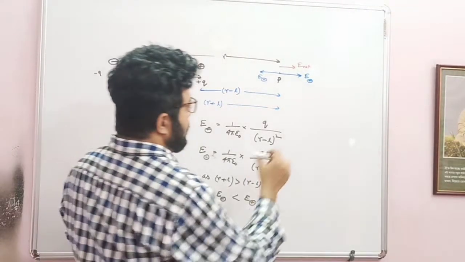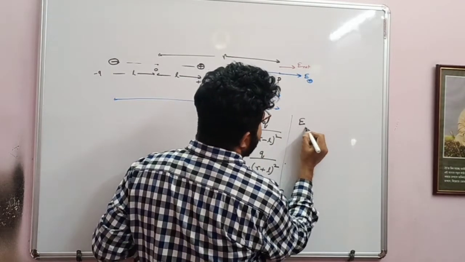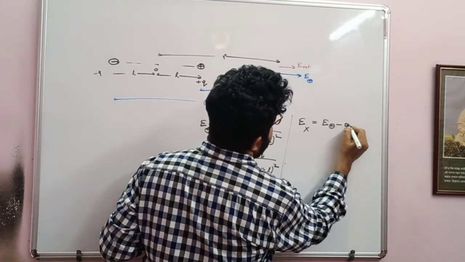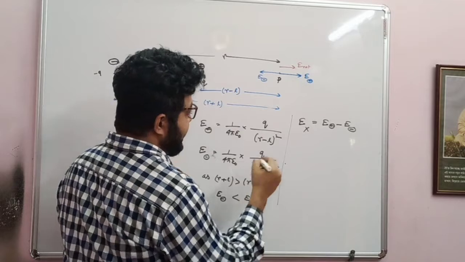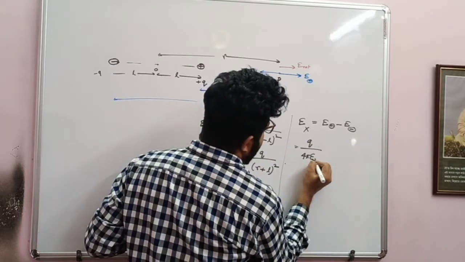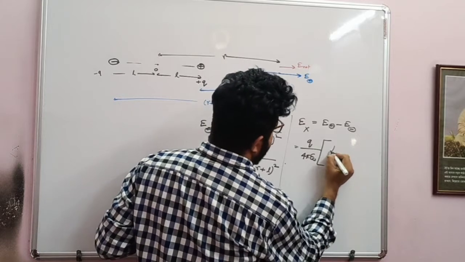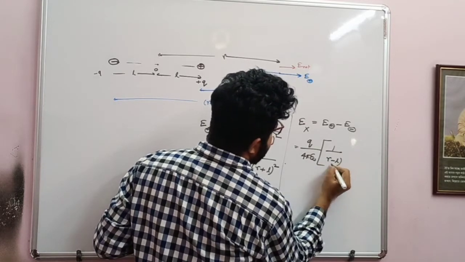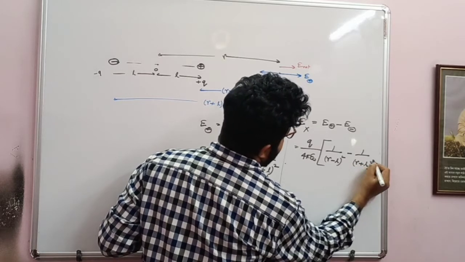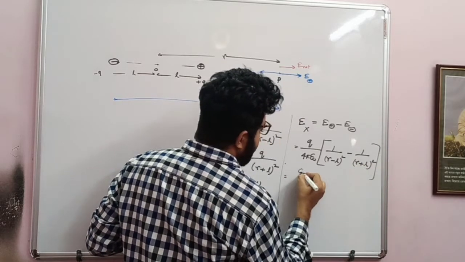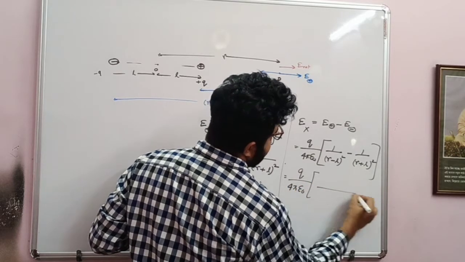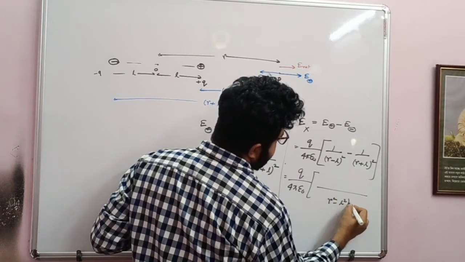So E net, or E axial, is E plus minus E minus. We take the common part, Q by 4 pi epsilon naught. So we have 1 by r minus L whole square minus 1 by r plus L whole square, which is q by 4 pi epsilon naught times 4rL over r square minus L square whole square.